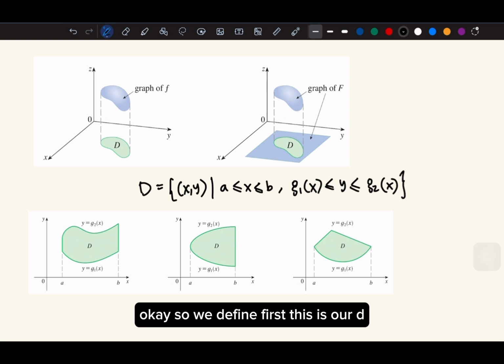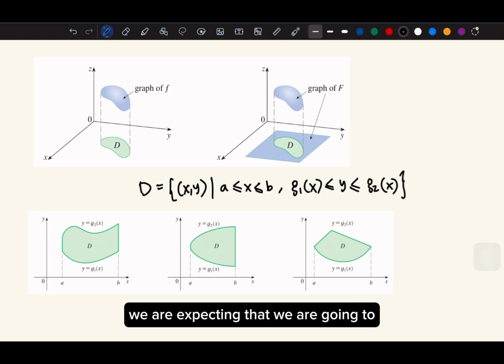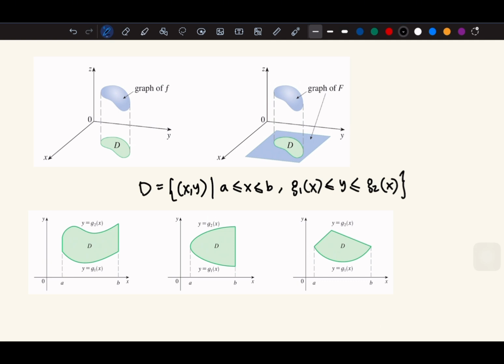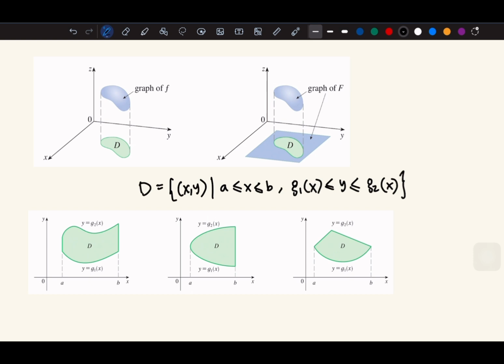Okay, so we define first, this is our D. So we are expecting that we are going to take y in terms of a function of x.